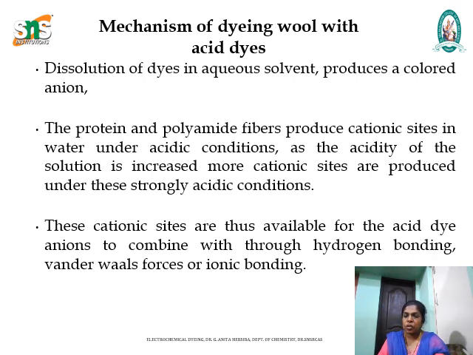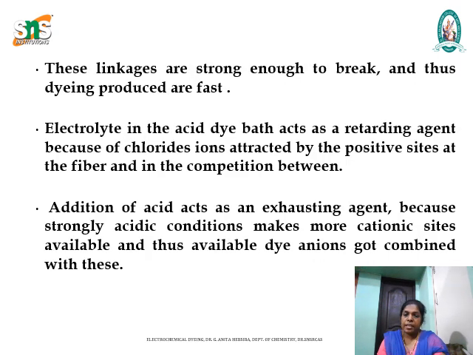These cationic sites are thus available for the acid dye anion to combine with through hydrogen bonding, van der Waals forces, or ionic bonding. These linkages are strong enough that they do not break easily, and thus the dyeings produced are very fast. Fast in the sense it has excellent washing fastness and light fastness properties.